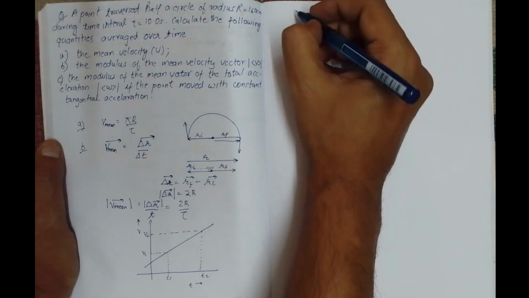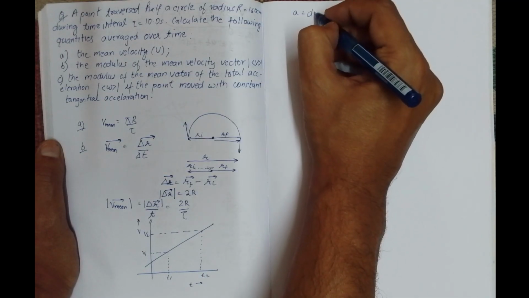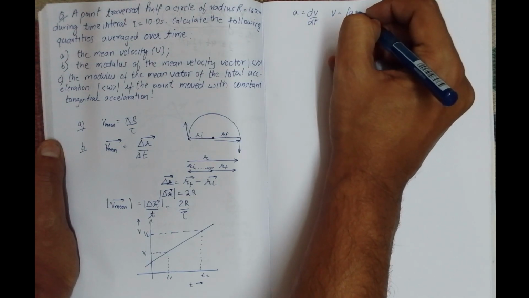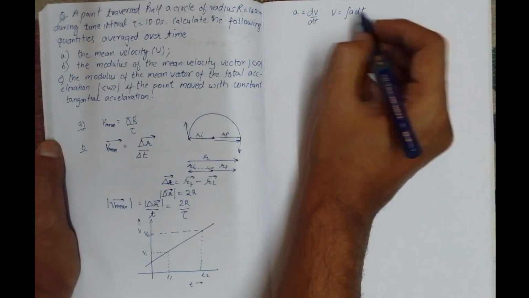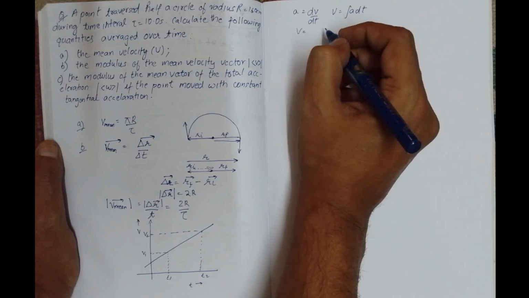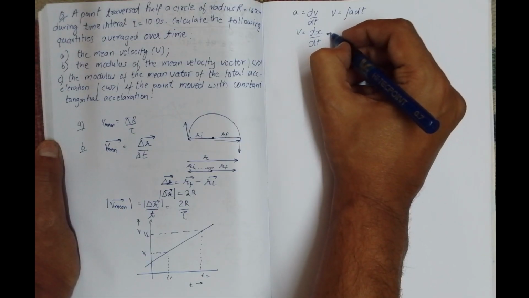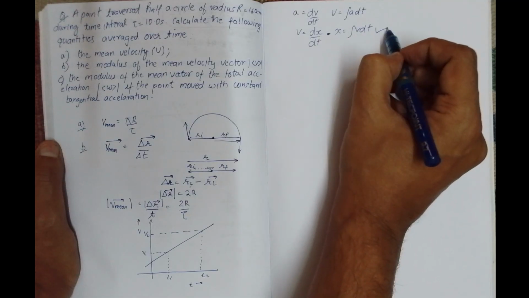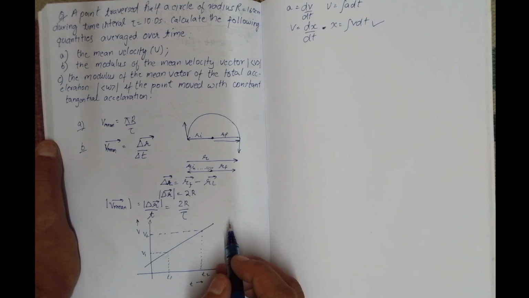Now we all know that acceleration is equal to dV by dt, so V is equal to integral A dt. Also, V is equal to dx by dt or ds by dt, so x is equal to integral V dt. This equation is more relevant for this case. So now we are talking about a particle moving with a constant acceleration.